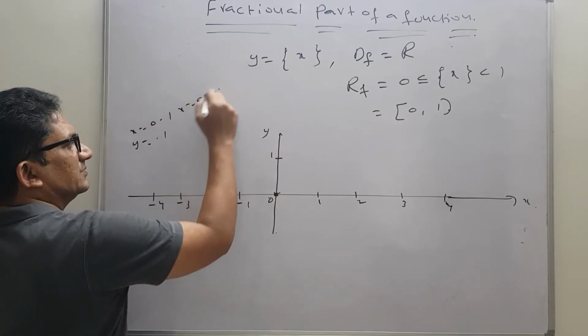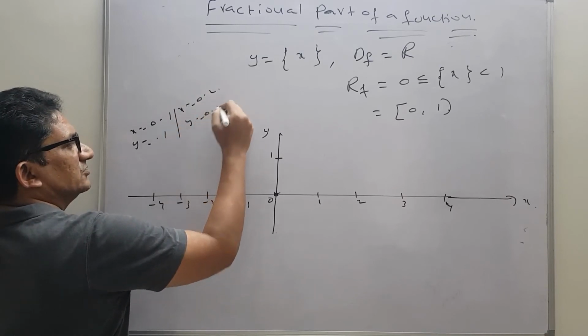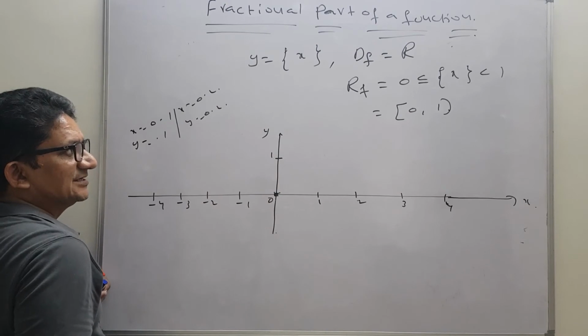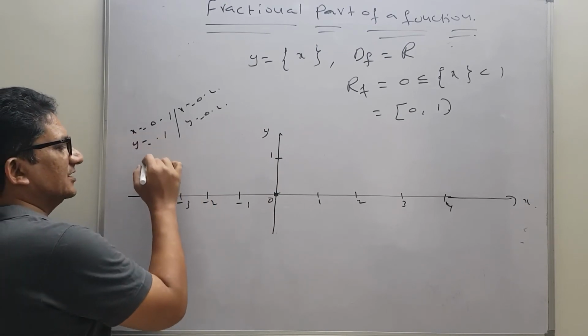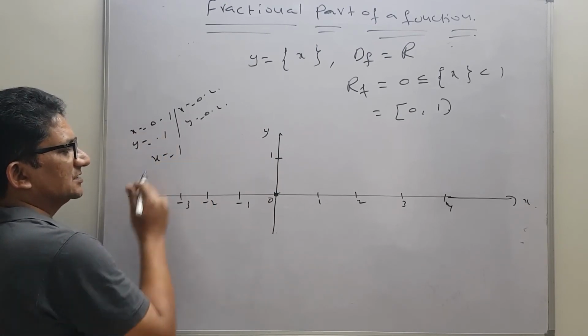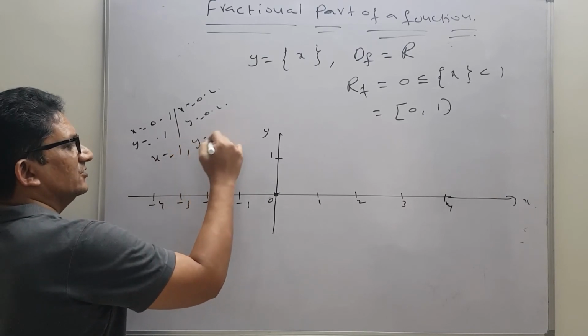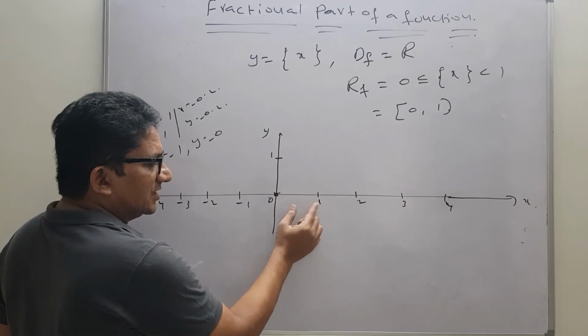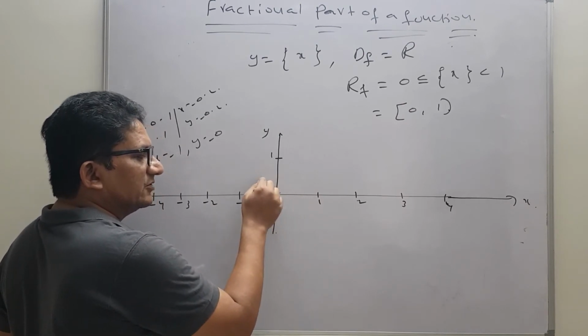Like that, whatever input you give, the same output is generated. If I give x equal to 1 all of a sudden, the y value becomes 0. So between 0 and 1, whatever input you give, the same output is coming.